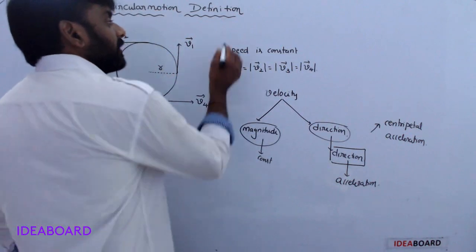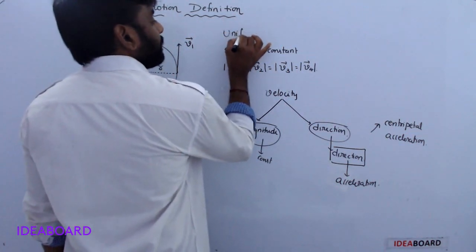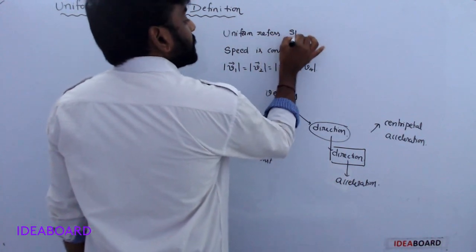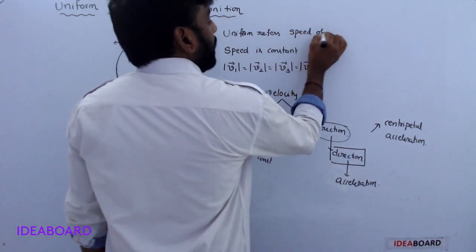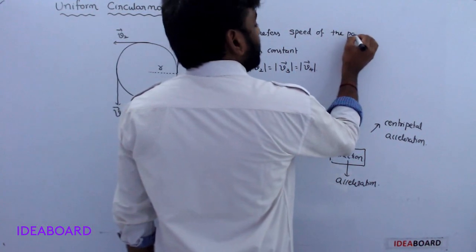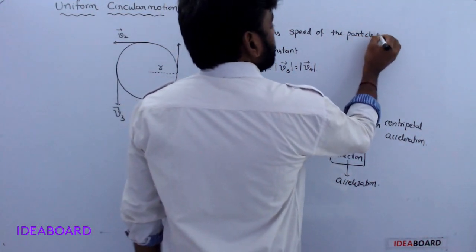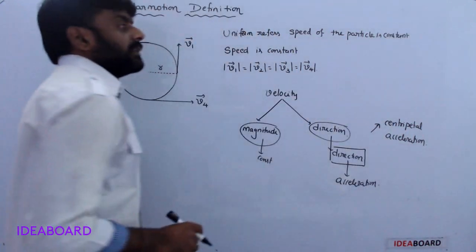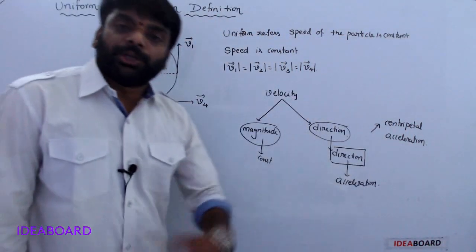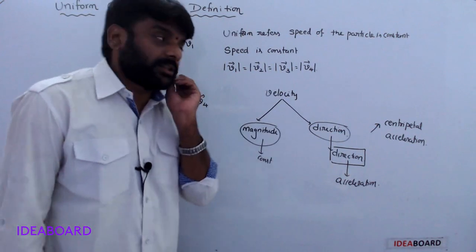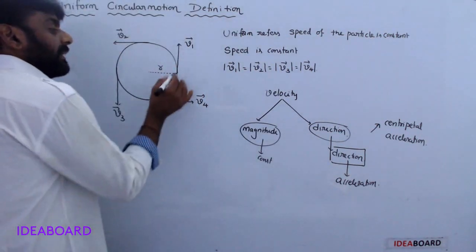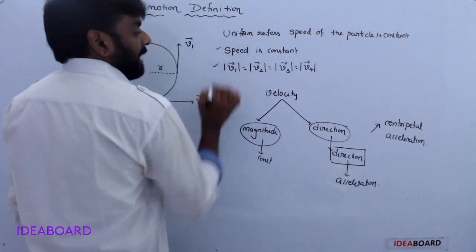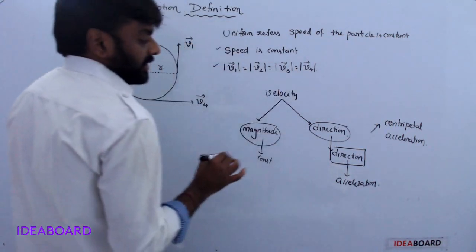So the speed of the particle is uniform, and that motion of the particle is uniform circular motion. Here speed constant means magnitude of the velocity is constant.